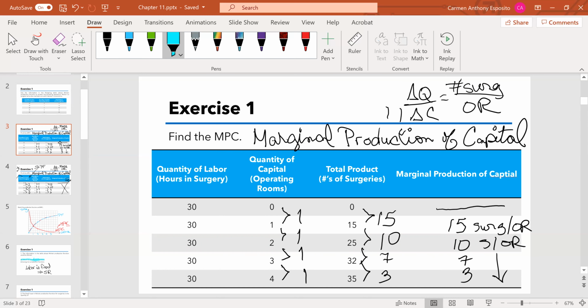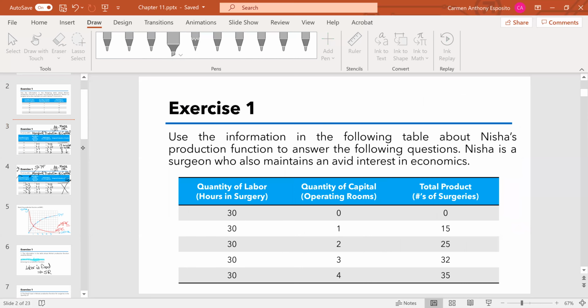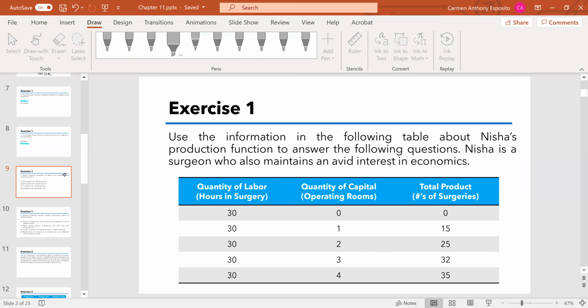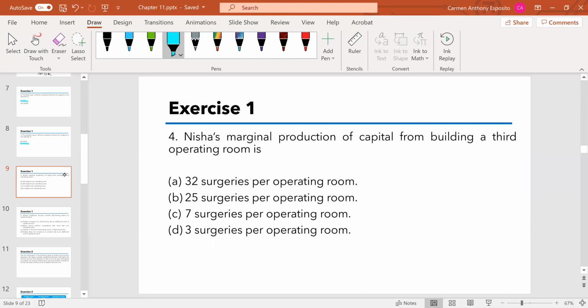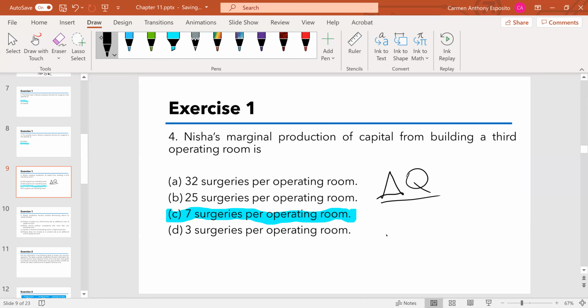So here's adding a third room, and we get 7 surgeries per operating room. So let's see if that's one of our answers. And it is. So if you're not sure how to find it, you just take the change in output over the change in capital, or more explicitly, Q2 minus Q1 over C2 minus C1.